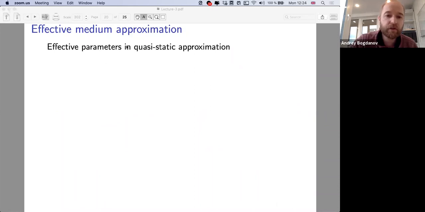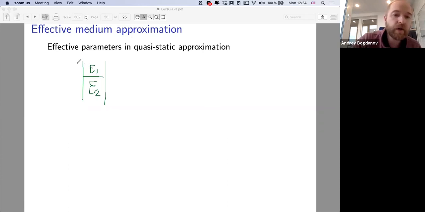So now let me consider another situation. I have a capacitor, and this capacitor partly consists of epsilon 1 and epsilon 2.